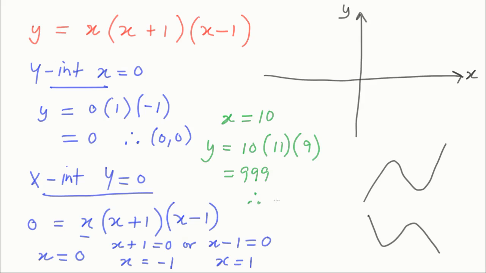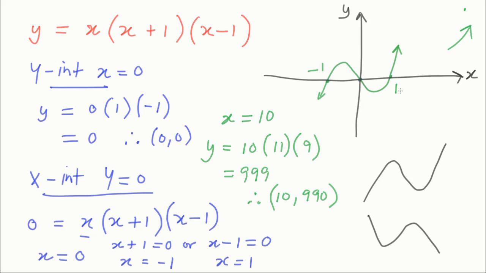Therefore the point (10, 990) belongs to the graph, which is up in this quadrant somewhere. Because that's further more positive than x equals 1, the intercept, the graph must be heading up into this corner here. It's just a matter of drawing the graph now, like such, and marking in the intercepts, minus 1 there, 1 here, and 0 here.